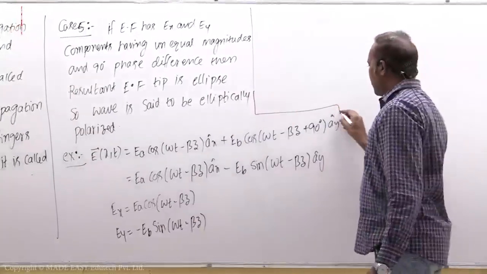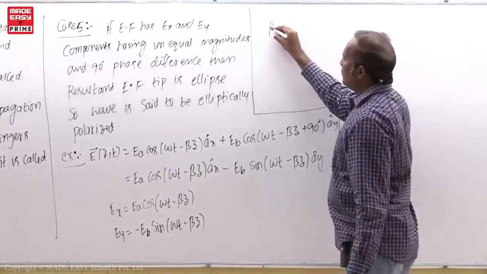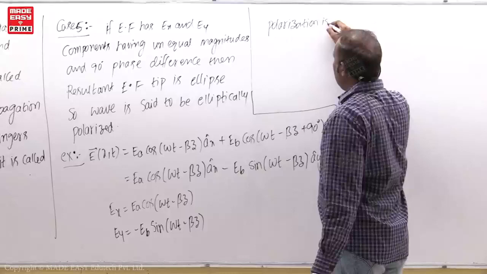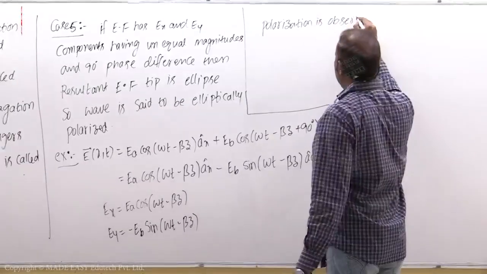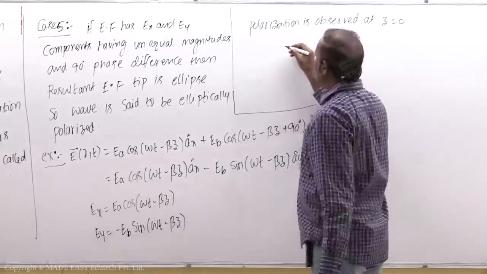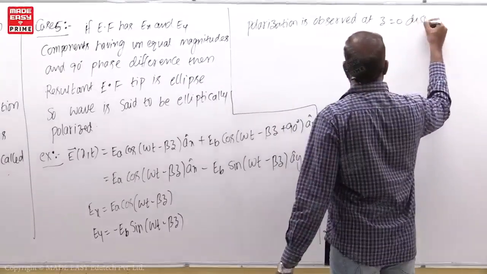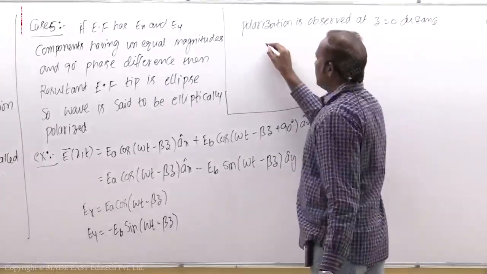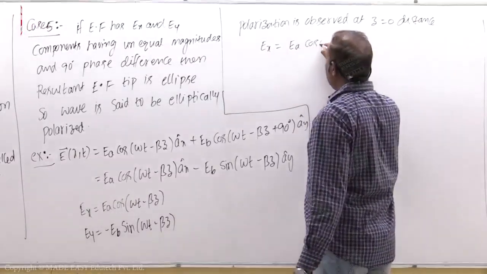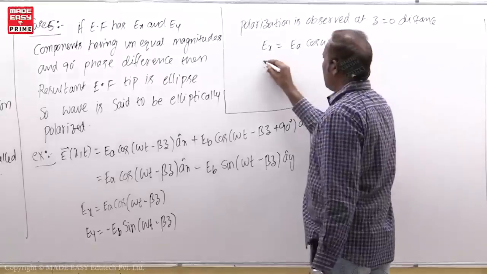So polarization is observed at z equal to 0 distance. Now Ex becomes EA cos omega t, equation 1.